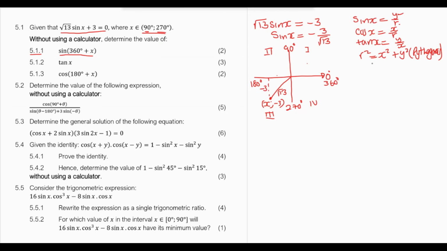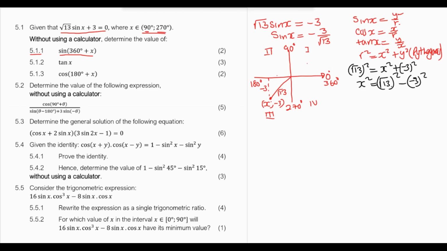So x, we have to use r squared is equal to x squared plus y squared. We have square root of 13 squared is equal to x squared plus negative 3 squared. Right, so x squared is equal to square root of 13 squared, which is 13, minus negative 3 squared, which is 9.